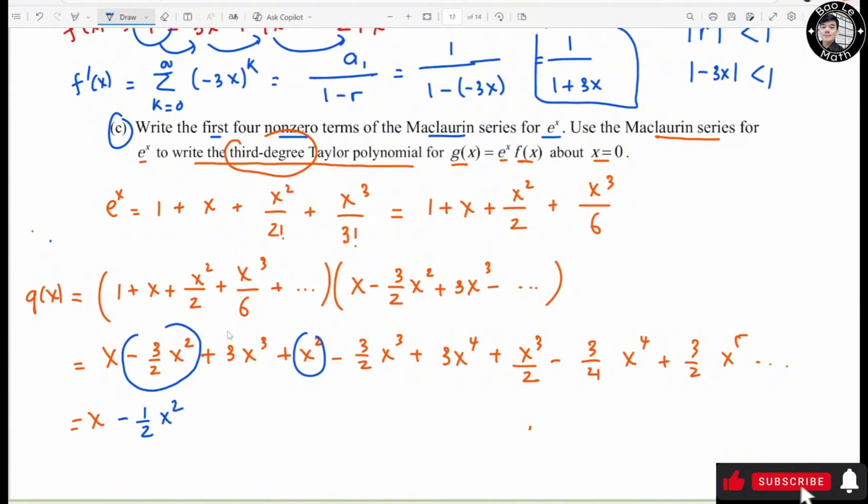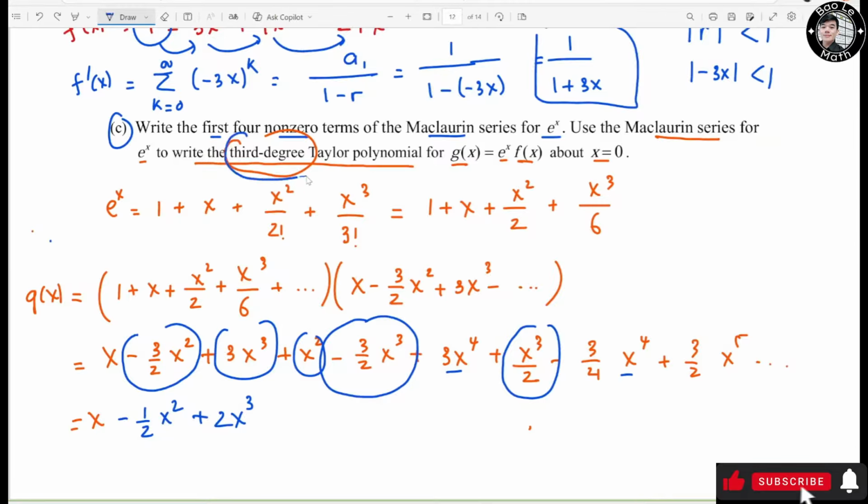And 3s cubed minus 3 over 2 s cubed plus 1 over 2 s cubed is going to be 2s cubed. This guy, s to the 4, we can ignore, because we only need the third degree. And it's a good time to stop.